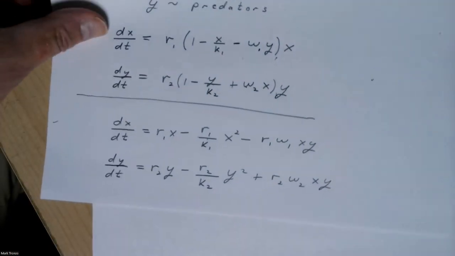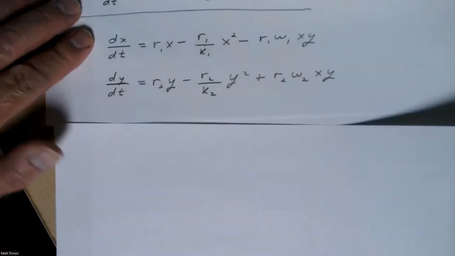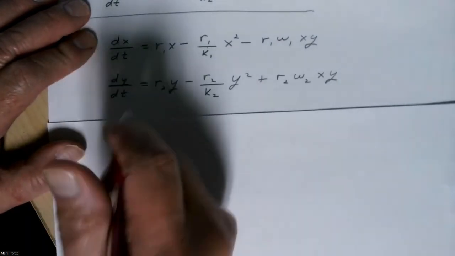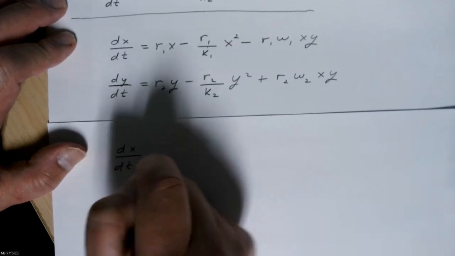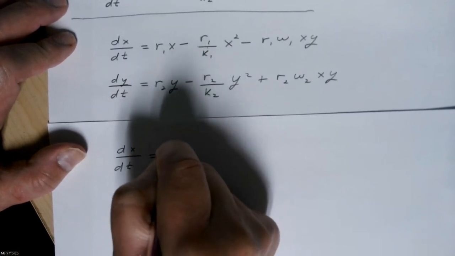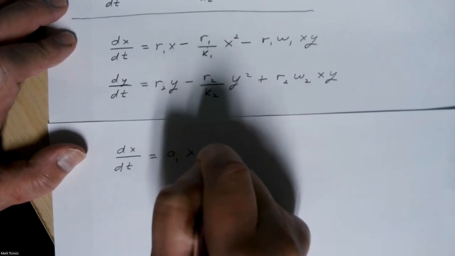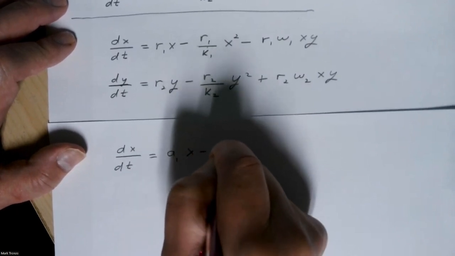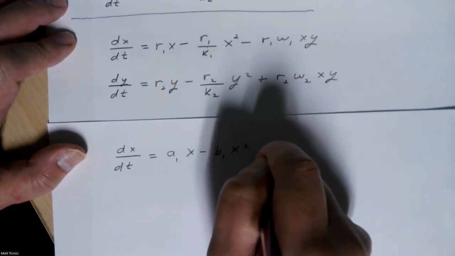And we can now finally assign these other letters. And so, similar to what we did before, what did we call this before? We called this A1x minus B1 x squared.